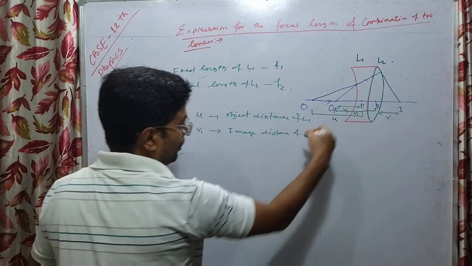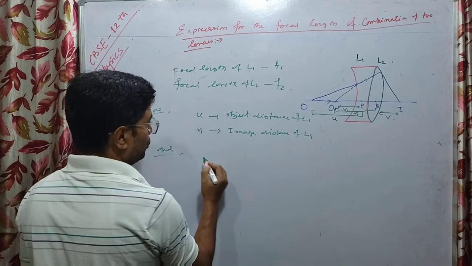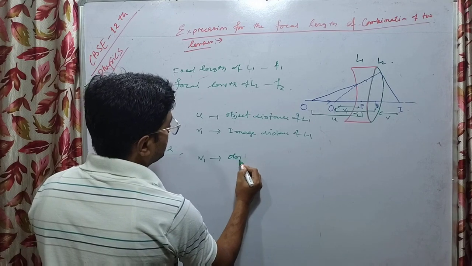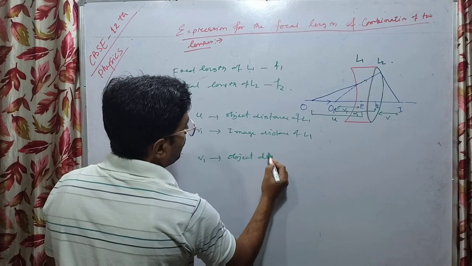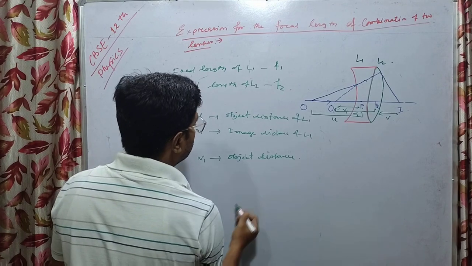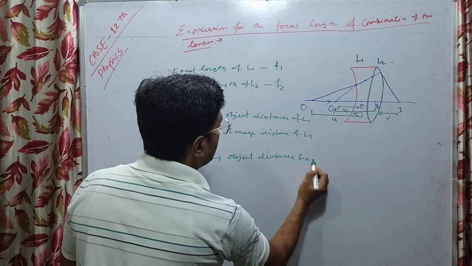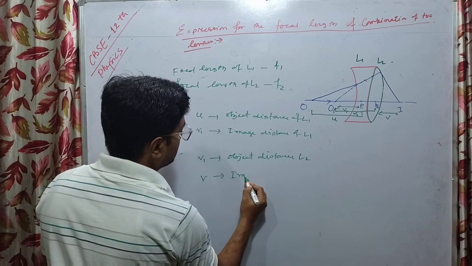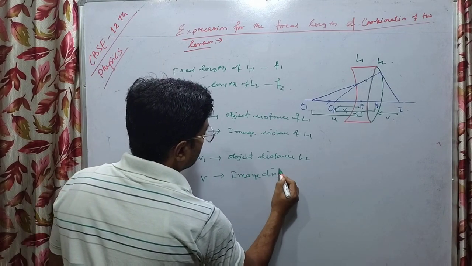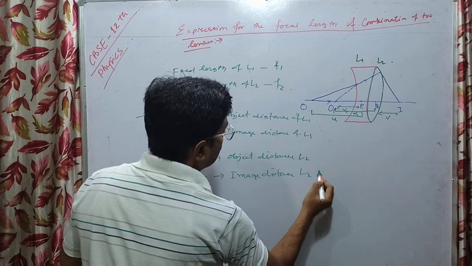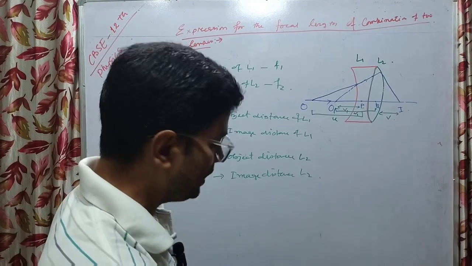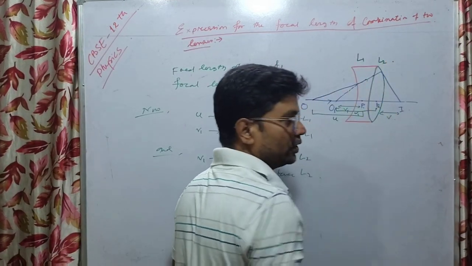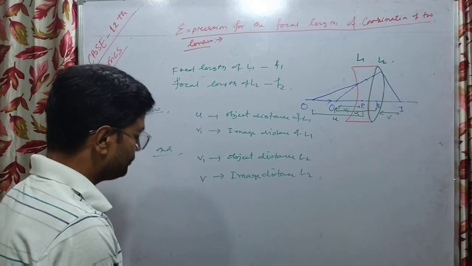Similarly, for lens 2, V1 will act as the object distance for L2 and V will be the image distance for L2. It is because the image is produced behind the lens L2. It is a concave lens. Okay.